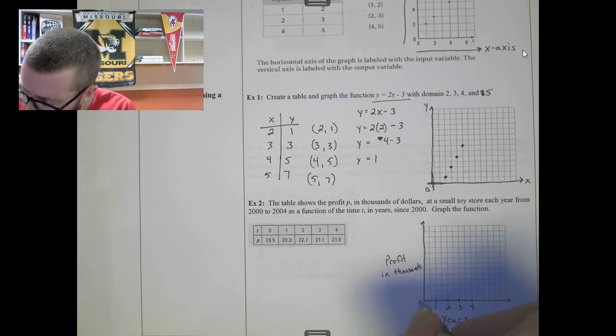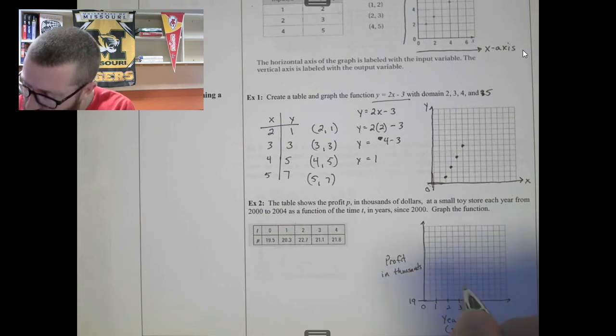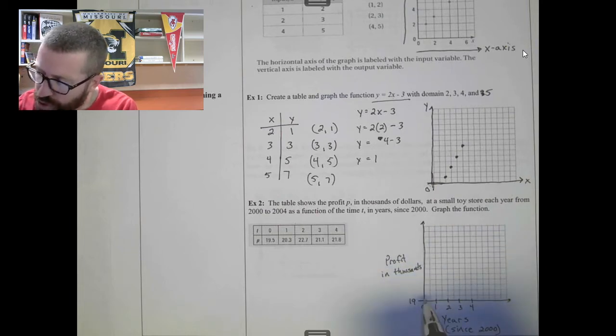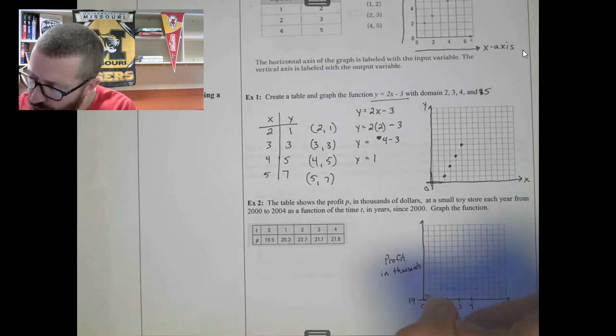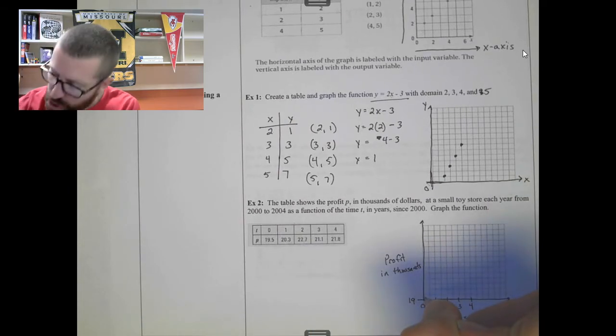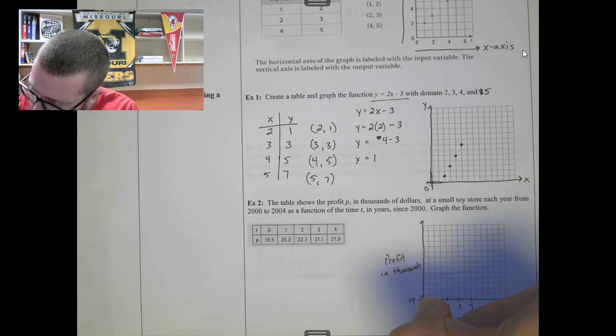So let's label this down here as 19. And then to make sure, let's see, we need to get all the way to 22.7, so about 23. Let's just count by maybe like 0.2. So then 19, 2, 4, 6, 8, and then this would be 20.